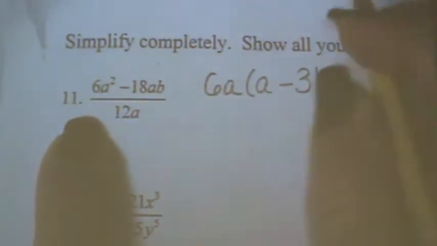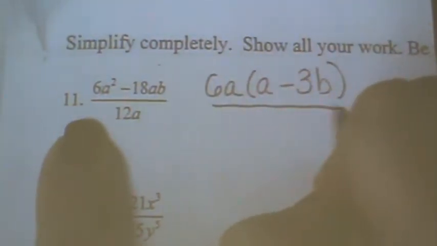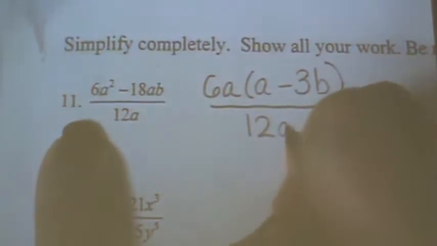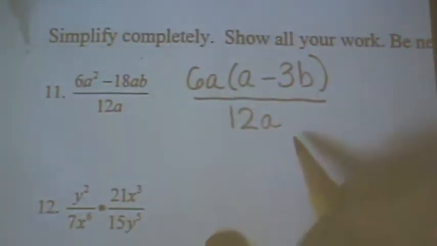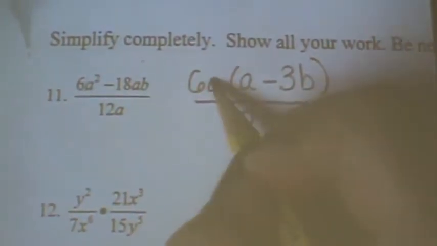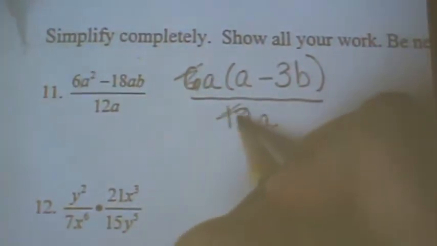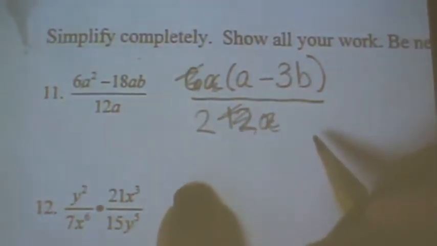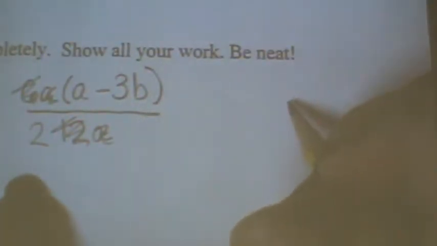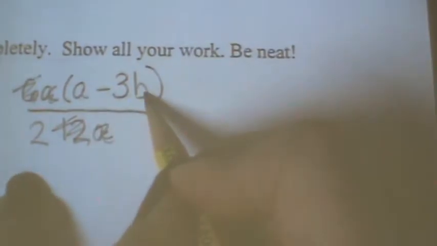You're left with a minus 3b. Now, you can only cancel products. So 6 goes into 12 2 times, and these a's cancel. So your answer is a minus 3b over 2. Done. Next one.